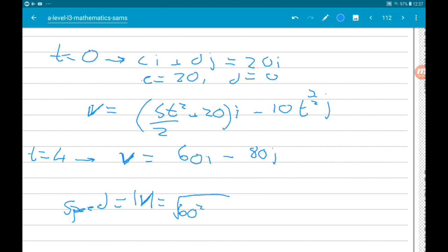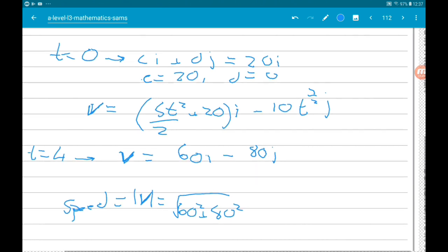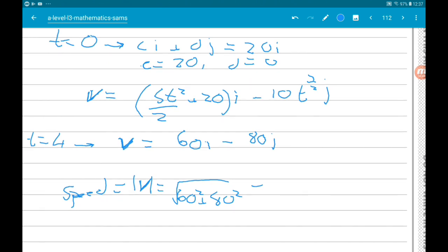Doesn't matter that it's minus 80 because we're squaring it. So 60 squared is 3,600, 80 squared is 6,400, so that gives us root 10,000, which is 100. And its speed, so it's meters per second. Boom.